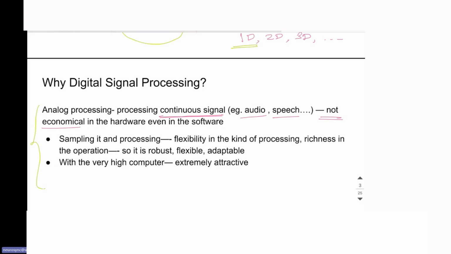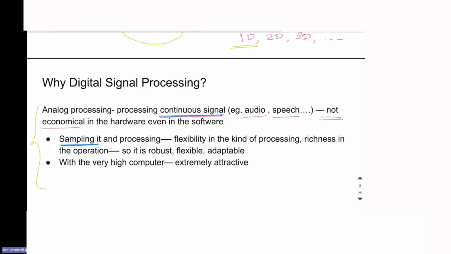Now, in digital signal processing, basically what we do is sampling of the signal. We have a continuous signal in real time.